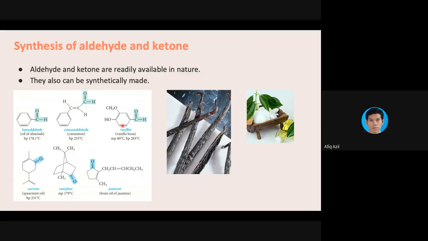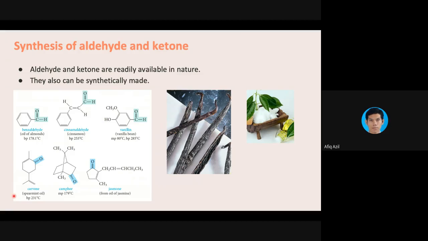If you go to the supermarket and buy vanilla extract, or sometimes vanilla flavoring, that is actually just plain vanillin. Unless you purchase the vanilla pod itself, then it will be natural. But if you buy vanilla flavoring, that is just vanillin, which is synthetically made. So these are aldehydes.